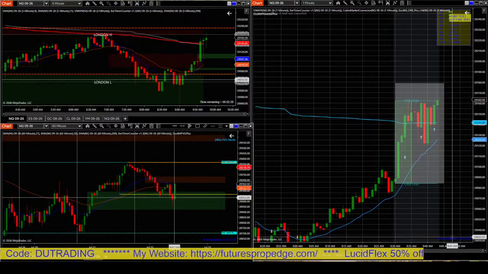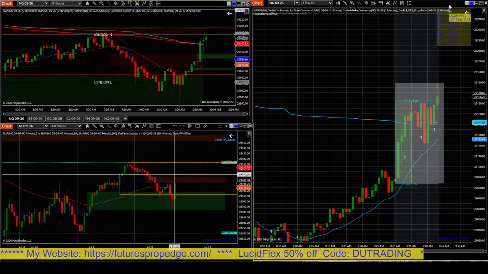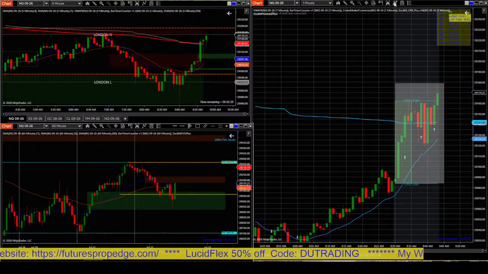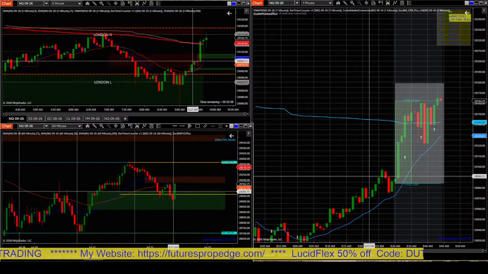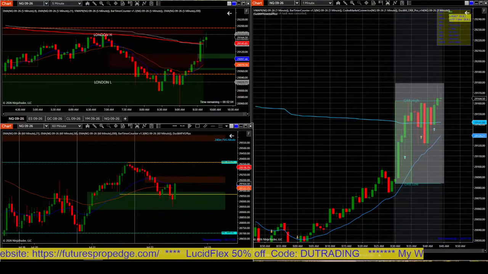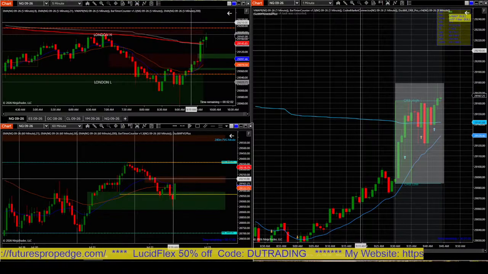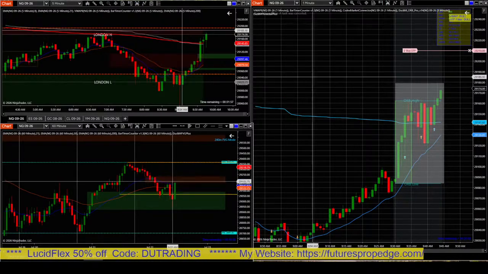I'm also going to change this to white so I can see, but I don't think I have time to do that now, because it will expire in 14 seconds. Okay, it's a new 1 minute candle here. We're going to look to catch a trade. I'm going to wait right around the 70 here.